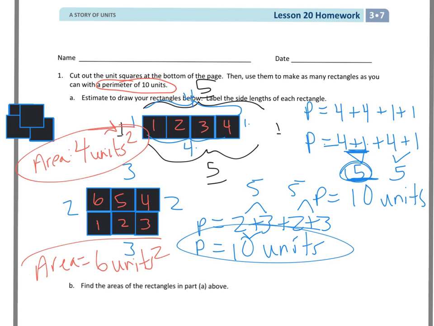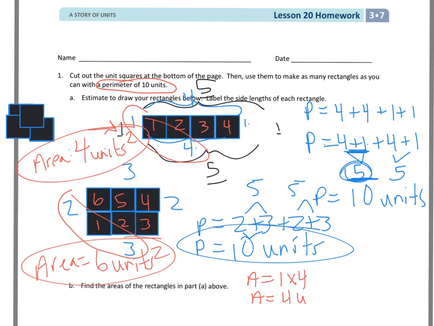And I could have done my multiplication of 2 times 3 and 1 times 4. So area equals 1 times 4. Area equals 4 units squared. And the same thing can be said over here. Area equals 2 times 3. Area equals 6 units squared. And I could write SQ units, square units, or unit squared. That's just a different way to write them.